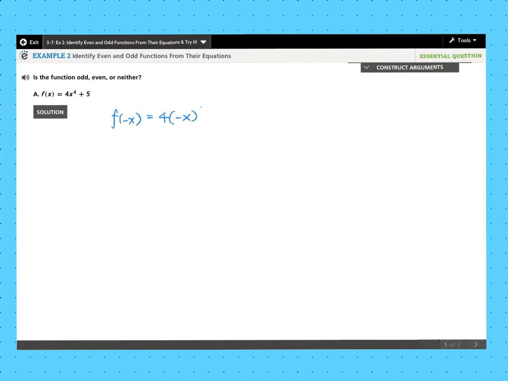Because this is an even power of 4, it definitely is the same, right? So because my f of x equals f of negative x, therefore, my original function f of x is an even function. Pretty easy.